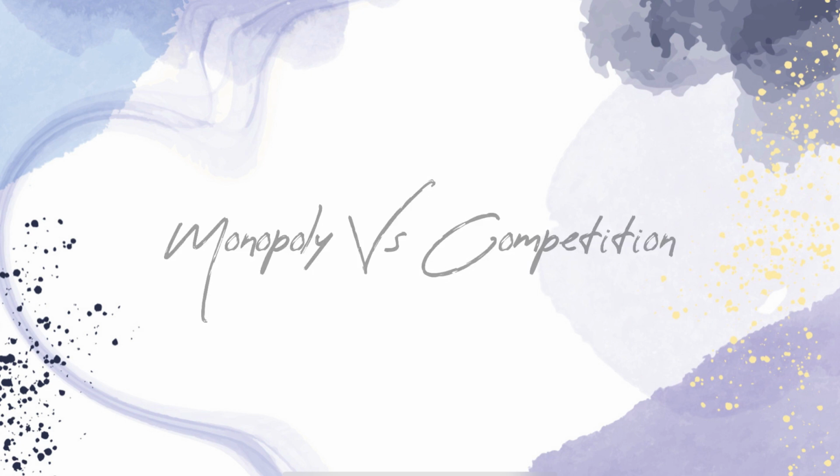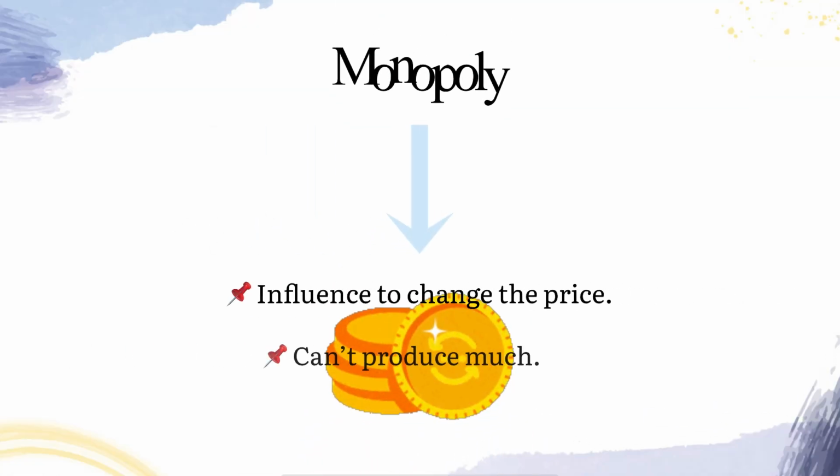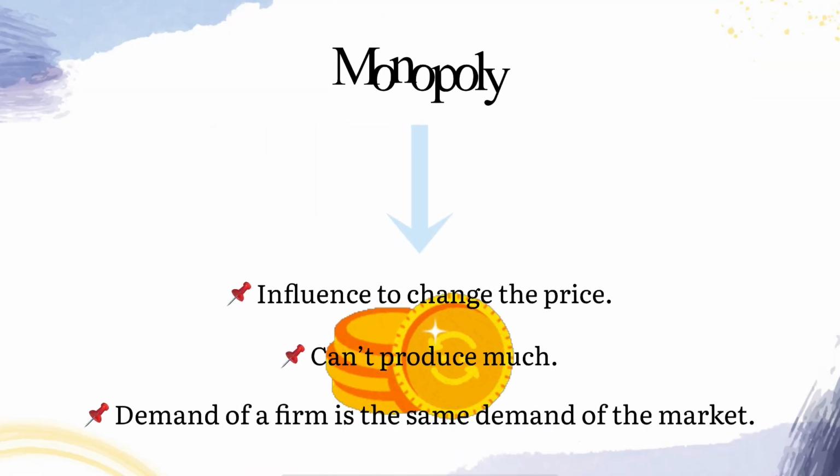Now let's start with part 1, monopoly versus competition. On this part, of course, we have to know what is the main difference between the monopoly and competition. So here we have monopoly. First, monopoly has the influence to change the price in the market.